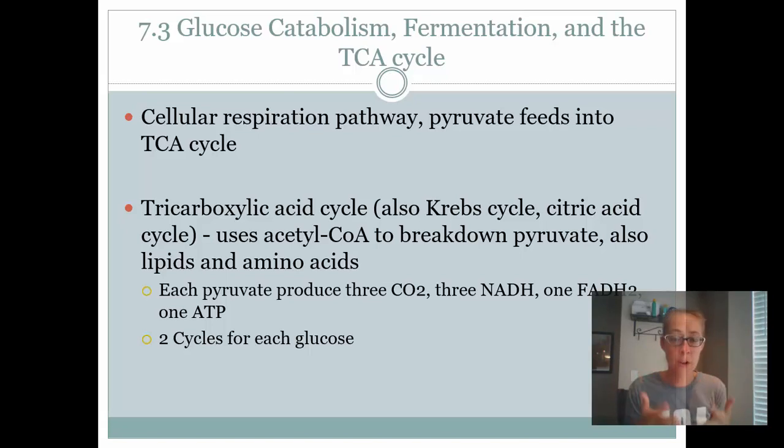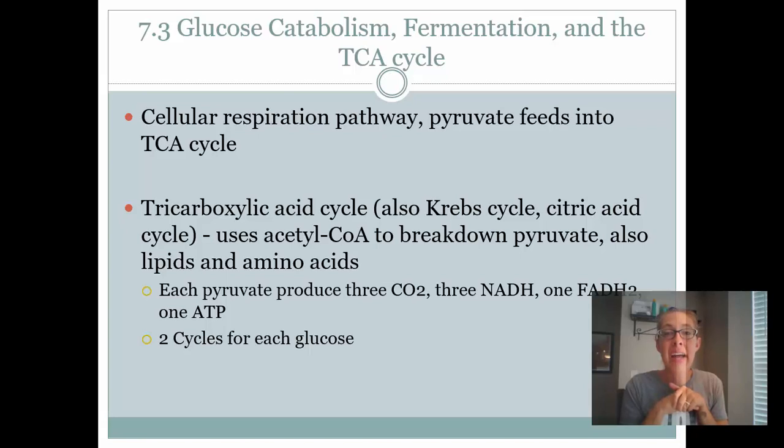So, like I said, we're going to focus primarily on pyruvate. The overall goal of the TCA cycle is to generate lots of electron carriers. For each pyruvate, we're going to have some NADH produced, so NAD is going to be reduced to NADH.